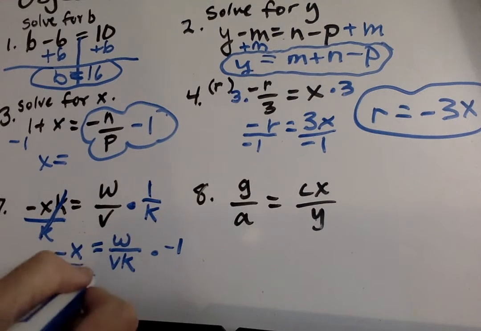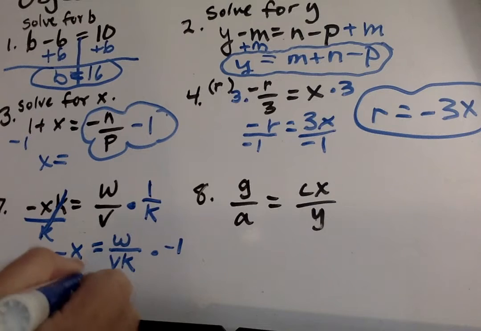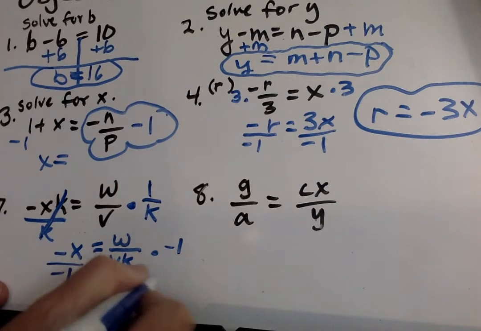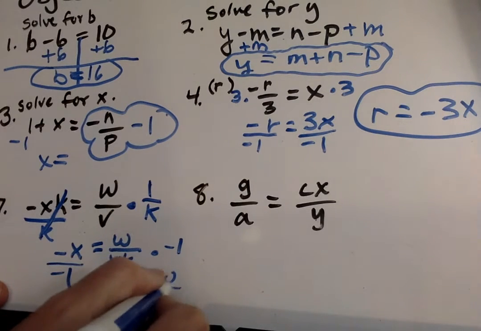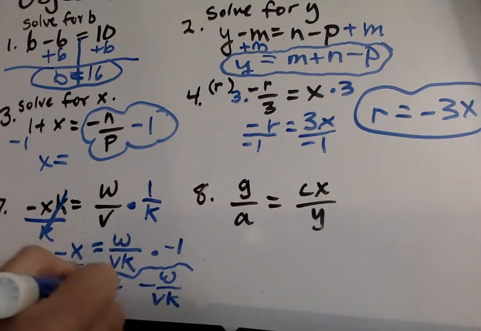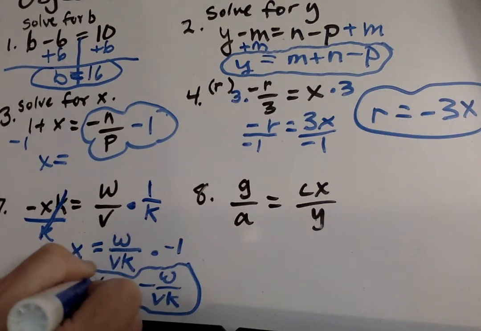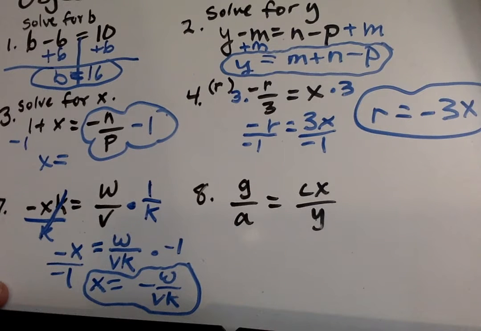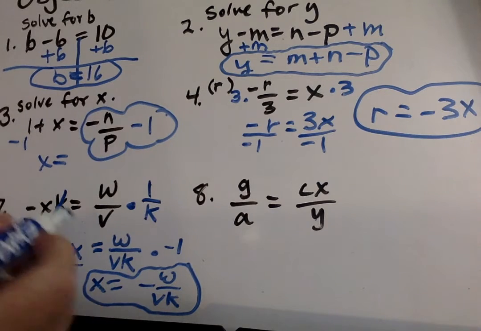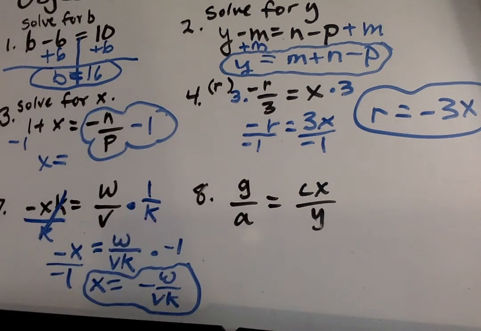So we get x, hopefully you can see this, equals negative w over vk. All right. So that was a bit of a challenge because you had a fraction within a fraction.